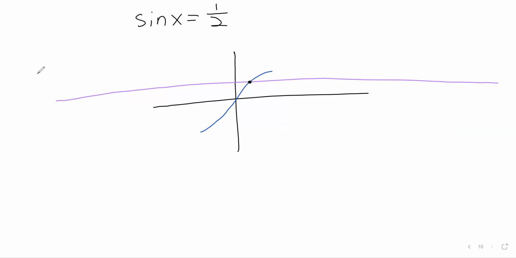And it's not the only solution. There are an infinite number of solutions. And if we want other solutions, we have to mess around. But for the purposes of this class, we're not doing that. We just need to know on a fundamental level what the inverse sine is. And it's the inverse of a sine on an interval.